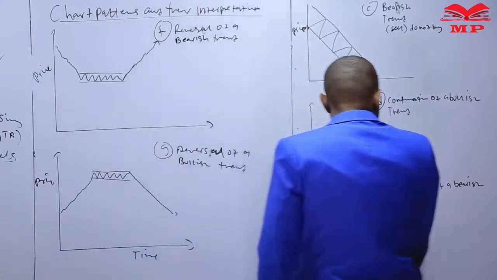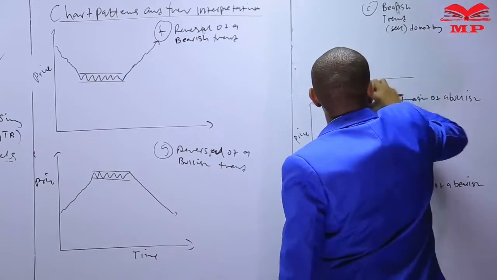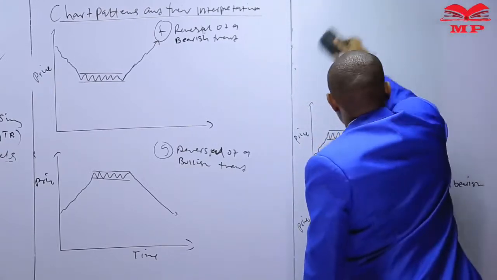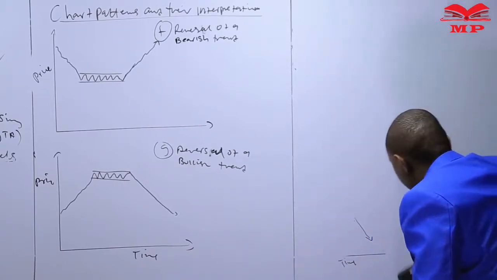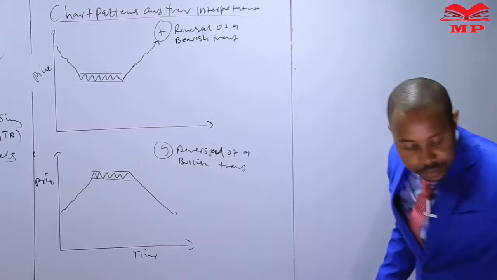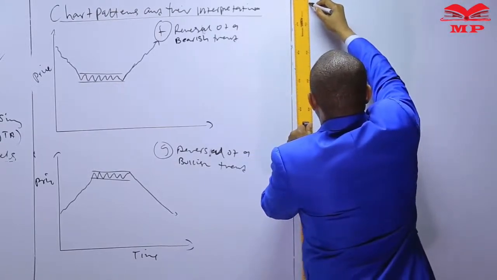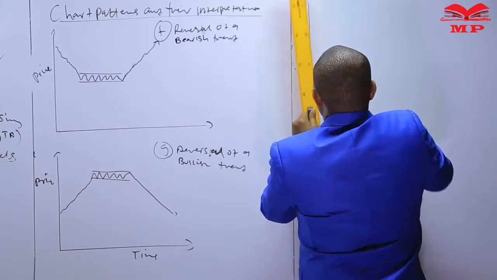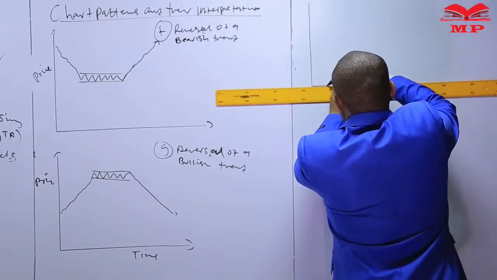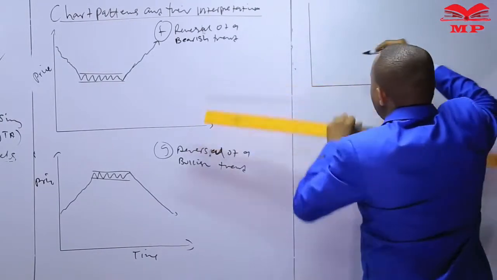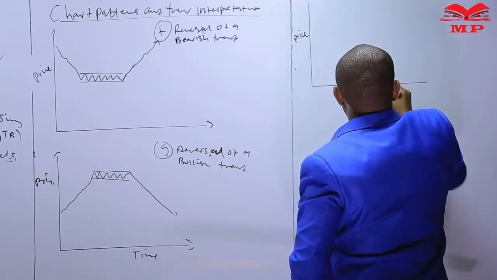Moving on, we have a wedge. And a wedge looks like so. This is still price. This is time.